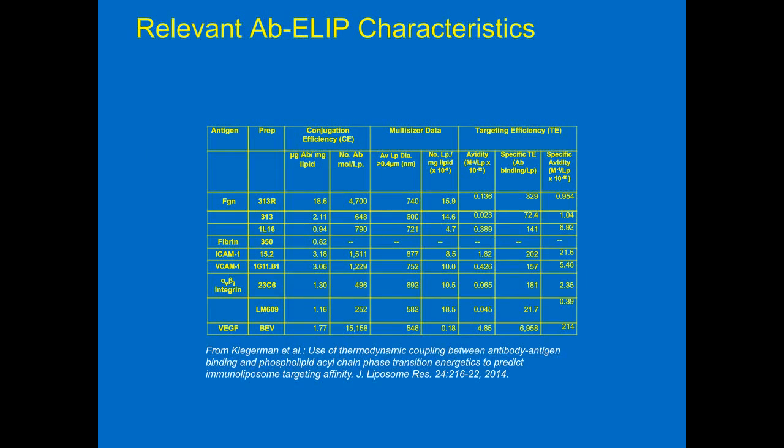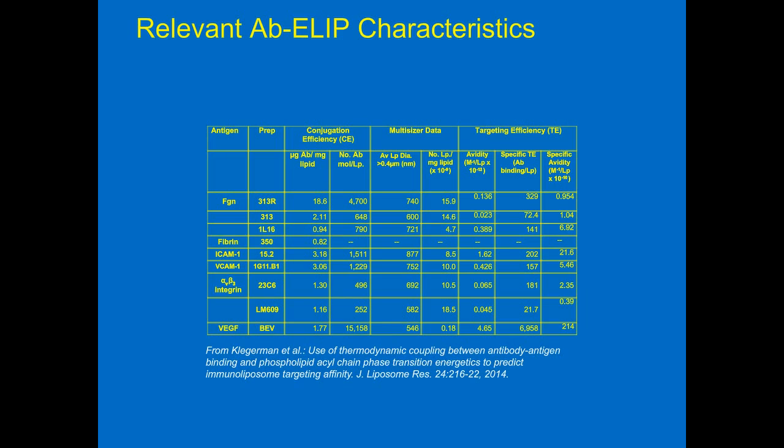And here is, unfortunately it's a little hard to see, a composite of all of our indices for conjugation and for targeting for a number of targeted ELIP batches.